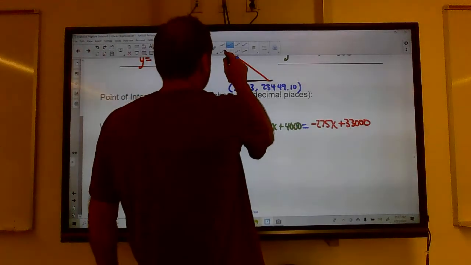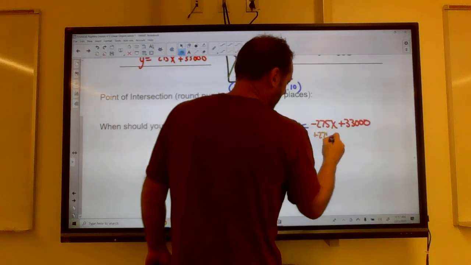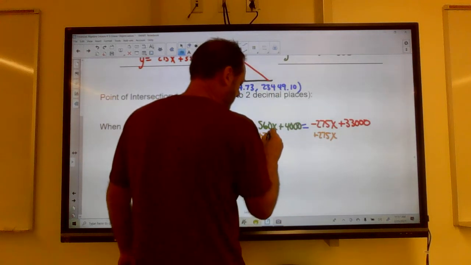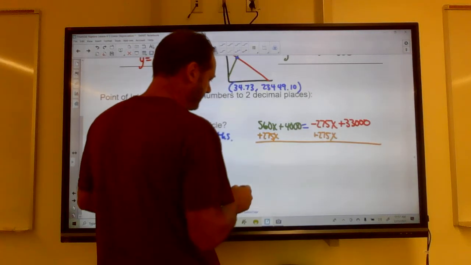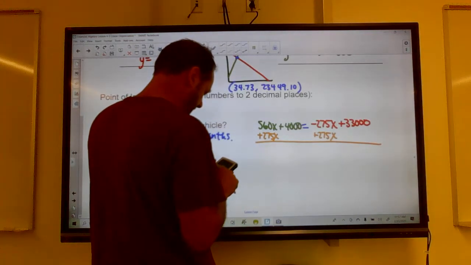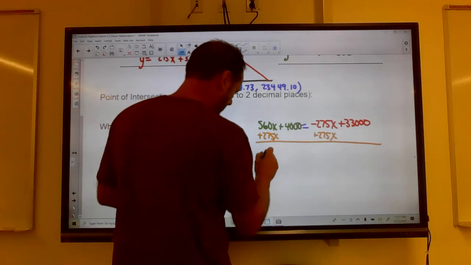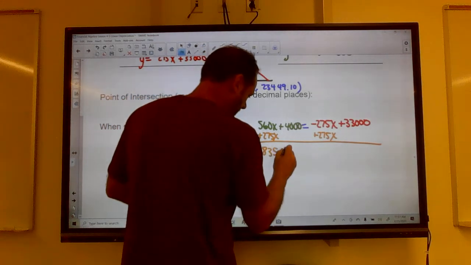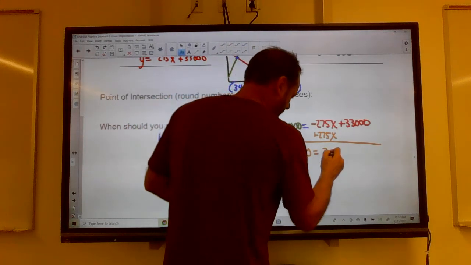Okay, so again, I'm going to add 275x to both sides to get all my x's on one side. So this is going to be 560 plus 275, which is 835x plus 4,000 equals 33,000.